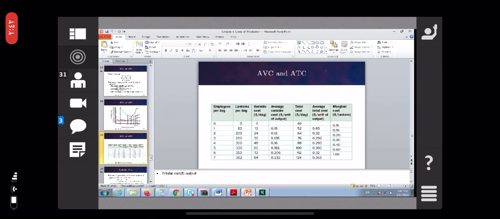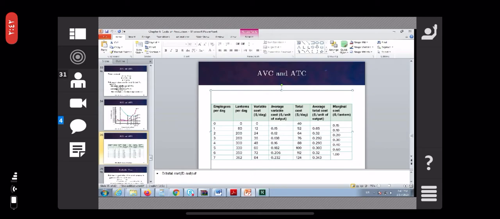Now I have the schedule: AVC and ATC. AVC is average variable cost, and ATC is average total cost. Employees, number of productions, quantities, variable cost, average variable cost.